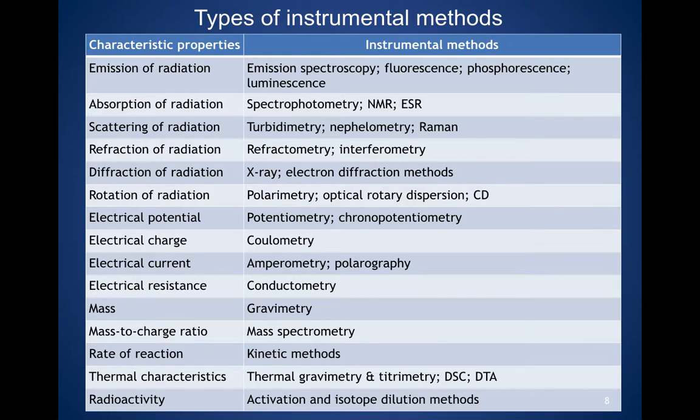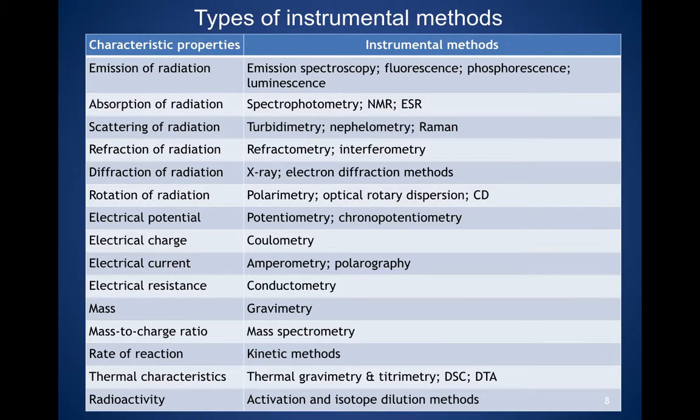In the left column, you have different characteristic properties. For example, if radiation is emitted, that is emission of radiation, how can we detect it? Different types of instruments can detect the emission of radiation. Specifically, we can use emission spectroscopy, fluorescence, phosphorescence, or luminescence techniques. What if we absorb the radiation instead of emitting it?